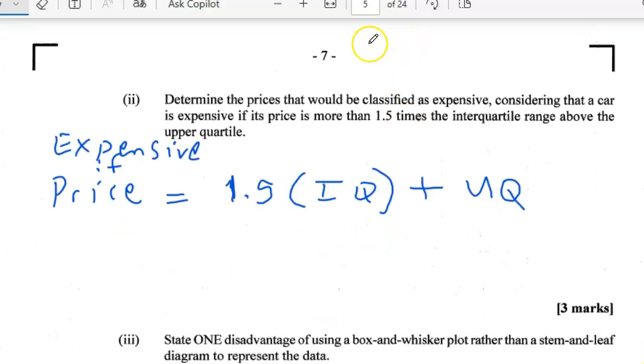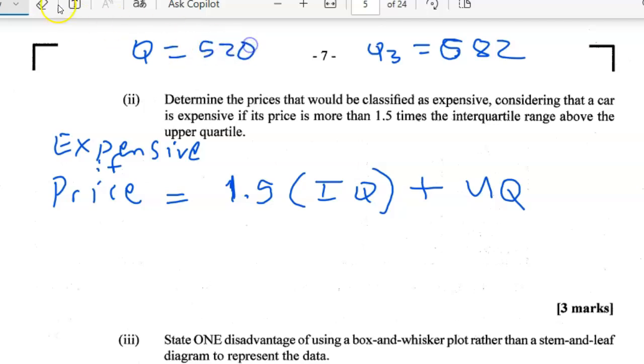So 682 and Q1 was 520, right? Alright, so the formula for the interquartile range is Q3 minus Q1. So the interquartile range would be 682 minus 520.